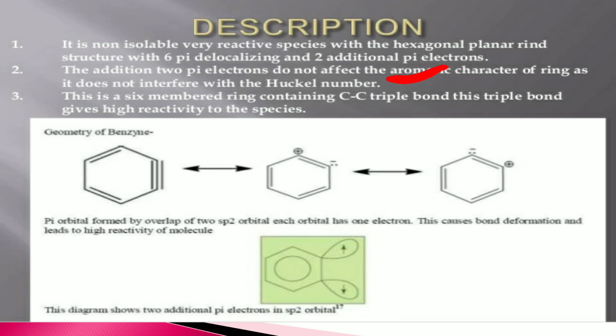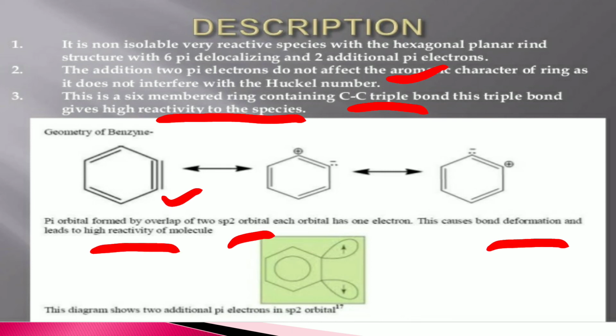There is a 6-membered ring containing a carbon-carbon triple bond. This triple bond makes the species highly reactive. Here this is the geometry of benzyne. This pi orbital is formed by the overlapping of sp2 orbitals, each having 1 electron. This causes a bond deformation and leads to high reactivity of the molecule.